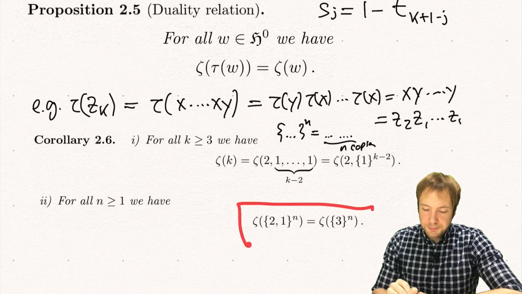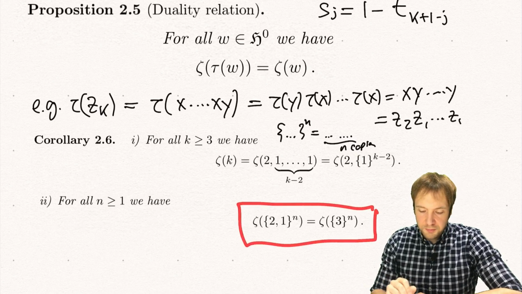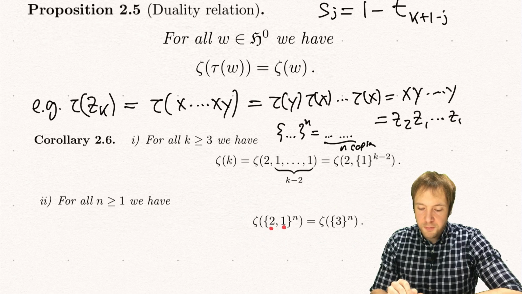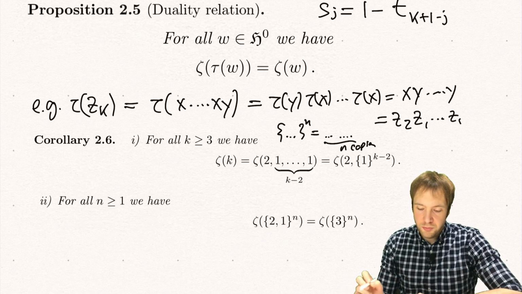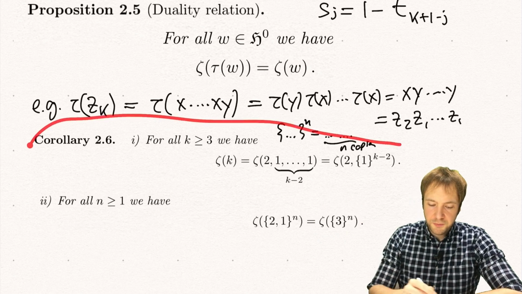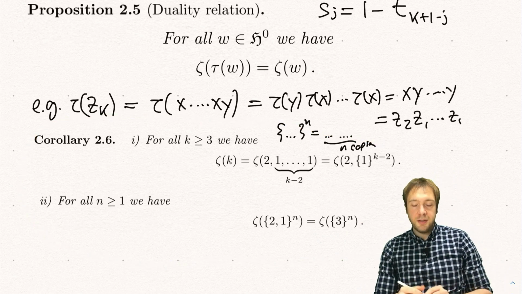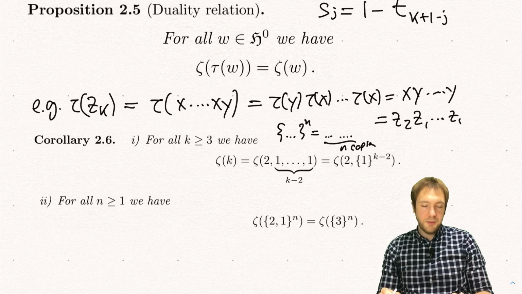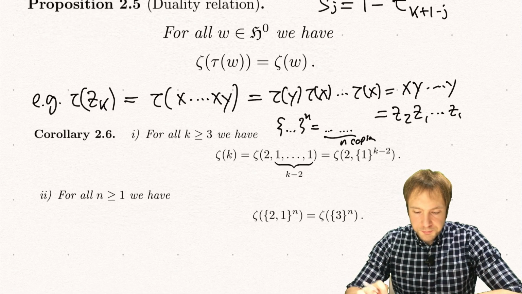And you can also check that if you have n copies of (2, 1), so zeta(2, 1, 2, 1, 2, 1, and so on), this is just zeta(3, 3, 3, 3, 3). So both of them can be seen as a generalization of this relation zeta(3) equals zeta(2, 1).